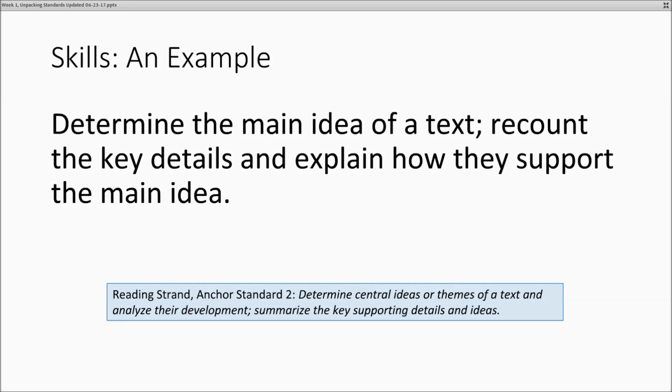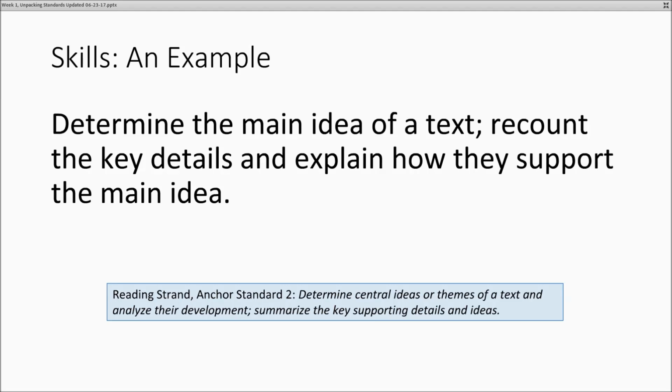And this is the reading strand anchor standard 2. The overarching anchor standard is, you can see in the blue box at the bottom, determine central ideas or themes of a text and analyze their development. Summarize the key supporting details and ideas.